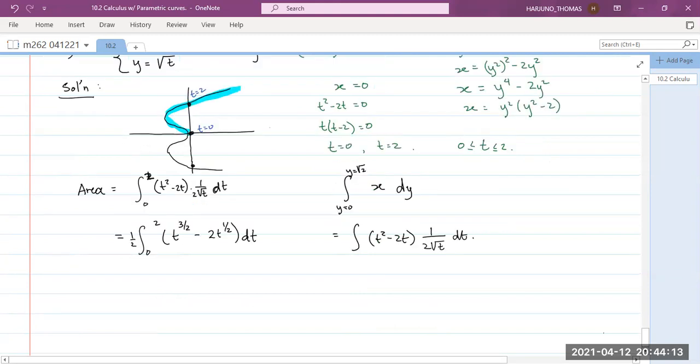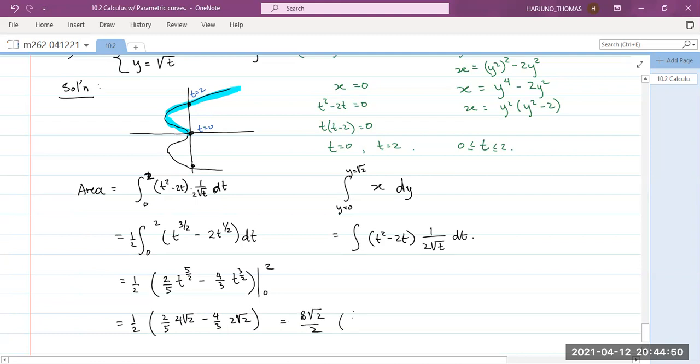To integrate that is Mickey Mouse. That's 4 radical 2 minus 4 over 3 2 radical 2. That's 8 radical 2 over 2, 1.